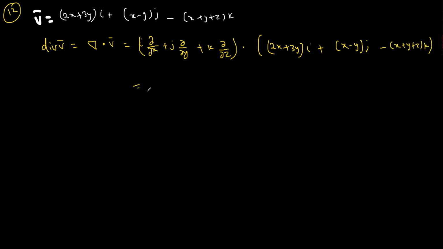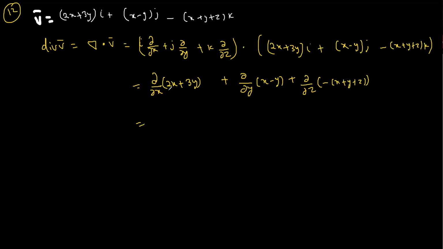And you know how to find dot product. Now tell me, when you differentiate with respect to x, you will get 2. With respect to y, you will get minus 1.